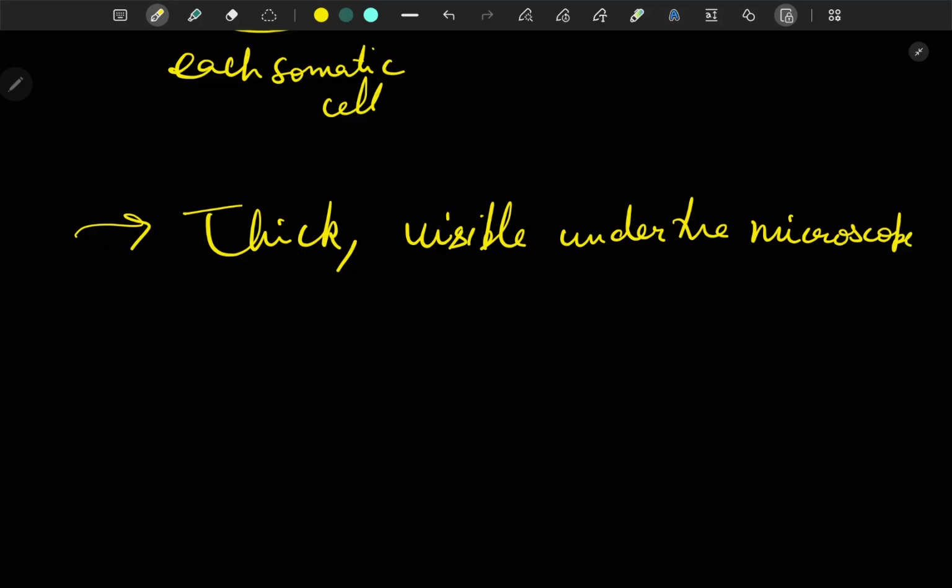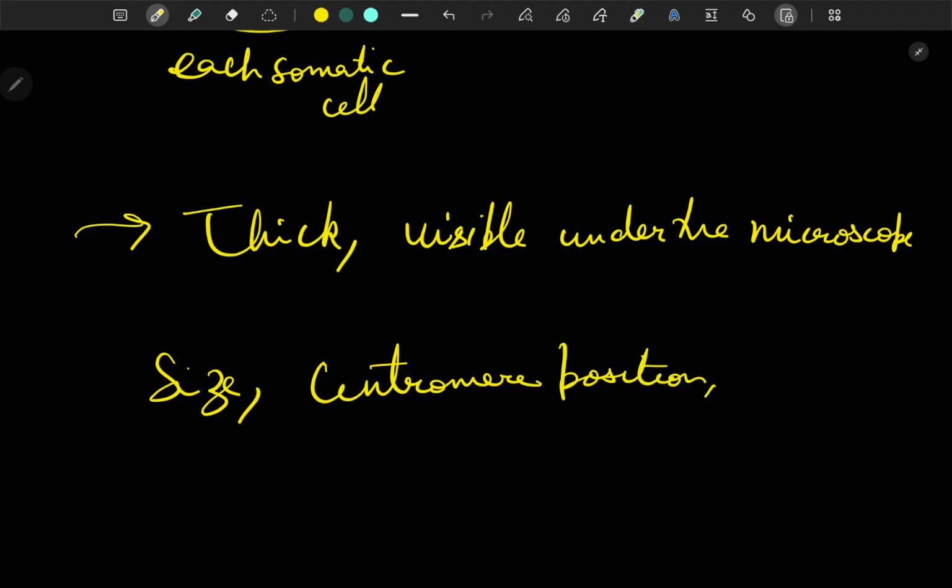That's why scientists identify chromosomes by their size, the centromere position, and the staining and banding patterns.